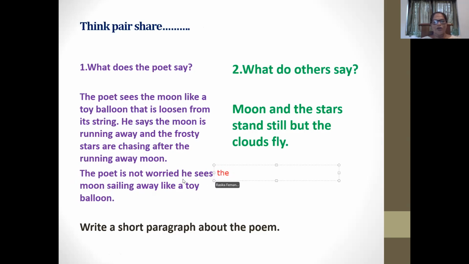The poet is not worried. He sees the moon sailing away like a toy balloon. This is how poet sees the moon. This is what we hear in the poem. So, getting all the ideas, you can write a short paragraph about the poem.